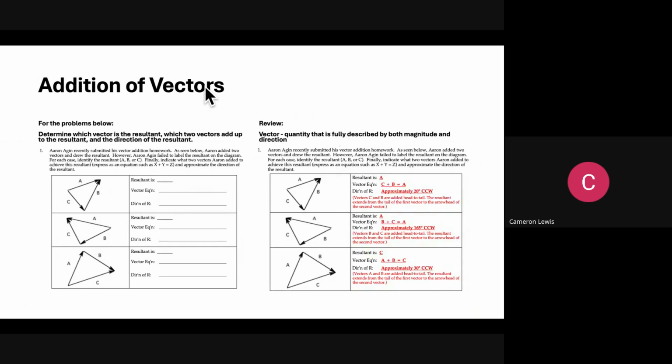We got the equation B plus C equals A, with A being the resultant. Then for the last one, we got the resultant to be C, which is A plus B equals C, and approximately you both said around 30. So do you see how we're putting all this together to add vectors and find the direction of the resultant? Good. All right, so let's keep moving.